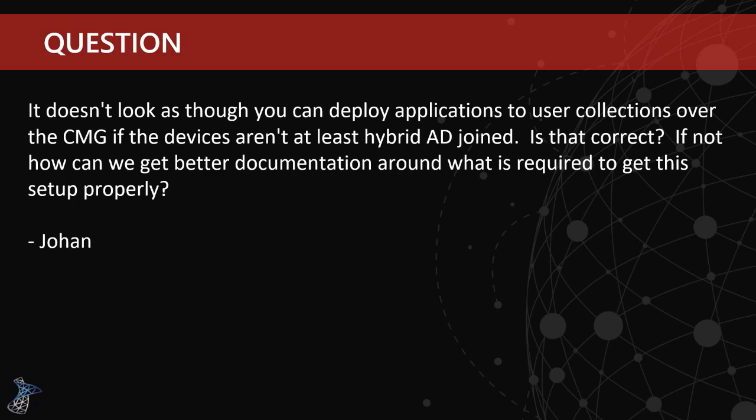What we have done, and it was one of the cards that I had in the first couple of slides, is starting in the 2006 TP, so hopefully it'll be in 2006, if the user is in a hybrid state. With more and more scenarios, we need the user to be in that hybrid state. It's one of the principles that we also took with, for example, tenant attach. Tenant attach doesn't require any AAD presence for the device, but the users do need to be in that state.